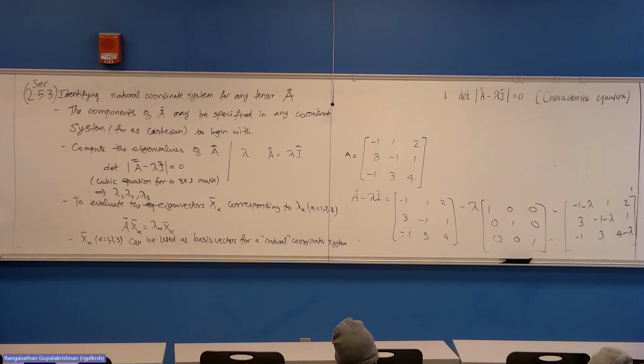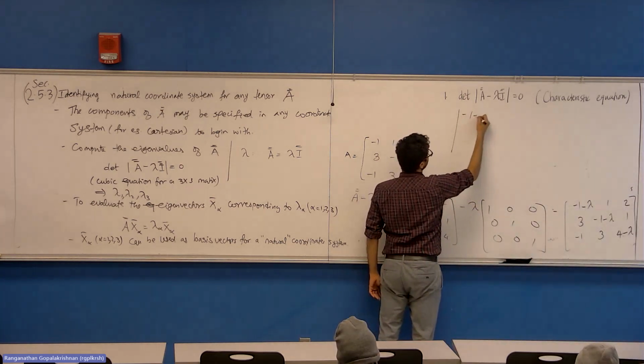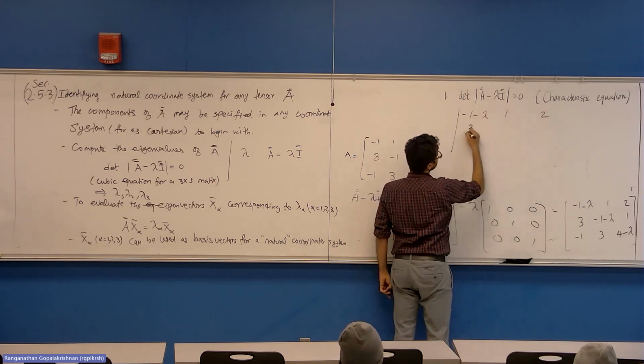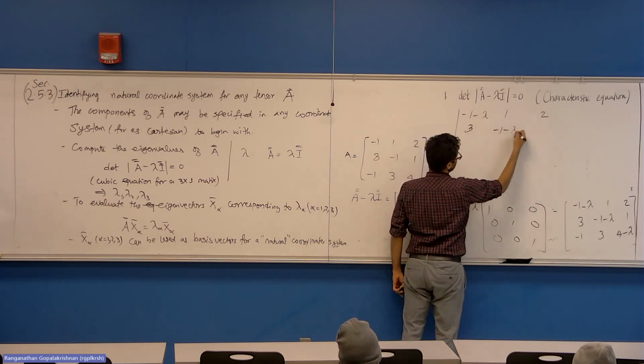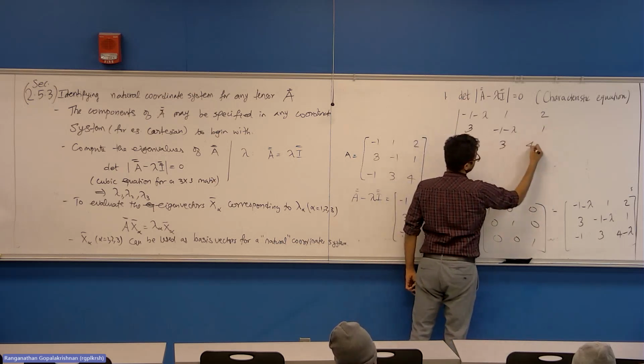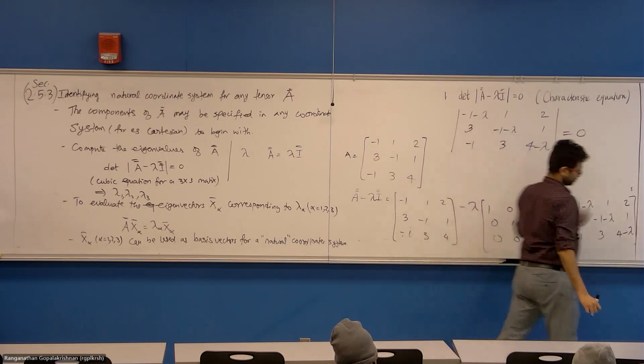So this is A minus lambda I, and I want you to take the determinant of this matrix and set it equal to 0. So that's like writing determinant of minus 1 minus lambda, 1, 2, 3, minus 1 minus lambda, 1, minus 1, 3, 4 minus lambda equal to 0.